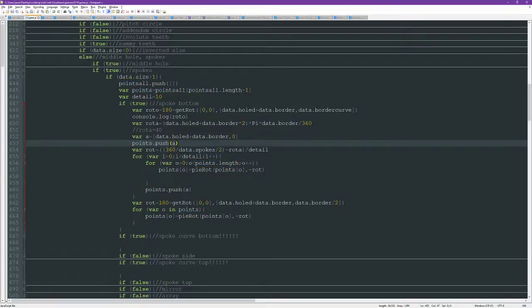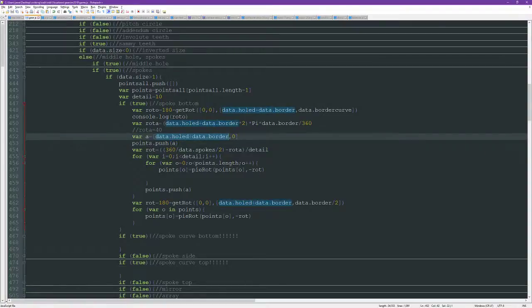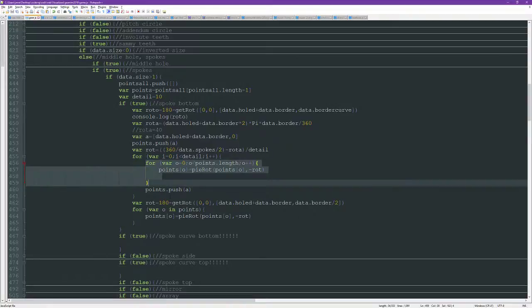So A is being pushed into points. A's location is just straight sideways. That's how much we want to rotate, offset the rotation of every new point, which is going to be spawned at that same location. So for I in detail, that's how many times we want to do it. Why in the world am I doing this?